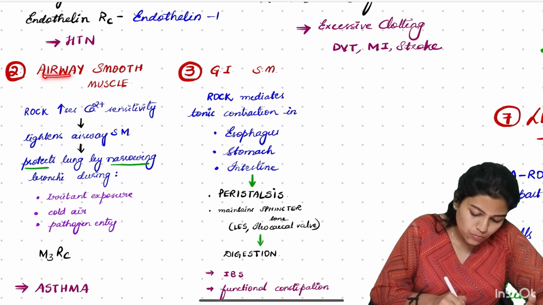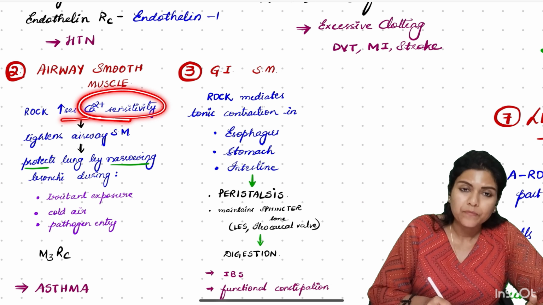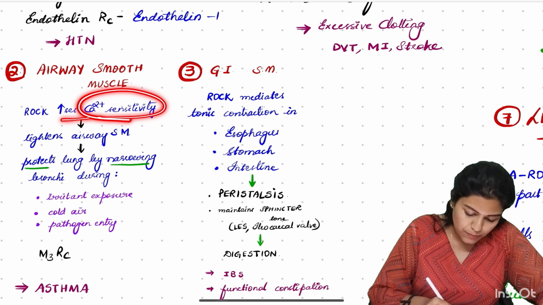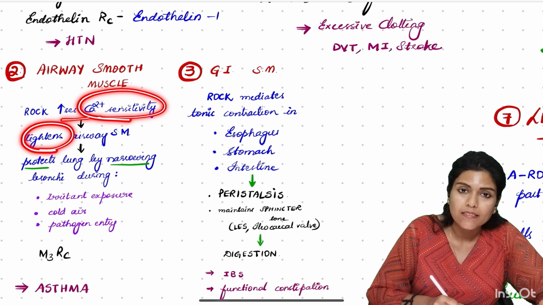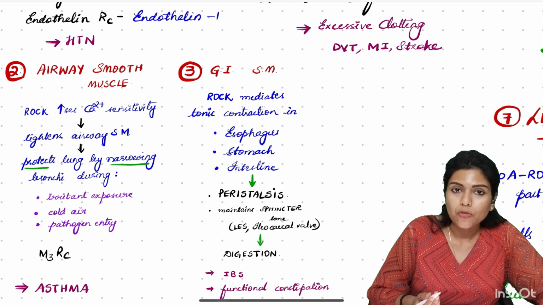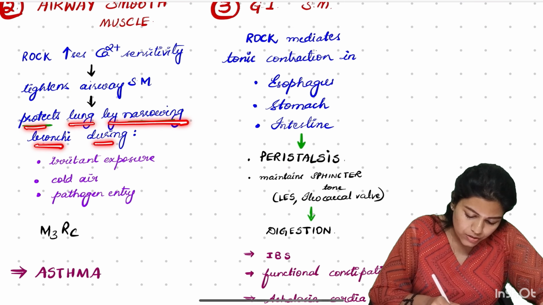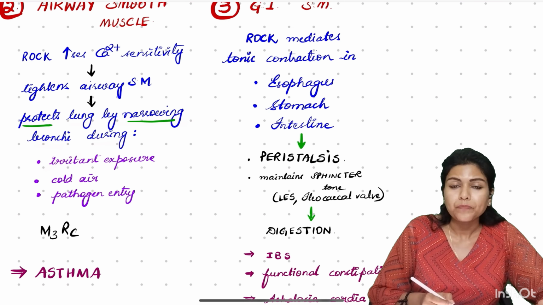Coming to the airway smooth muscle, in airway smooth muscle cells, this ROCK will increase calcium sensitivity. Because of increased calcium sensitivity, there is tightening of the cells. The smooth muscles get tightened, which is actually a protective function. It will protect the lungs by narrowing the bronchi during irritant exposure.